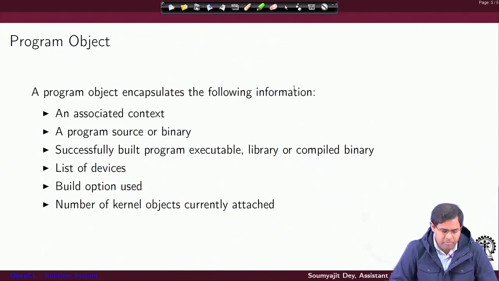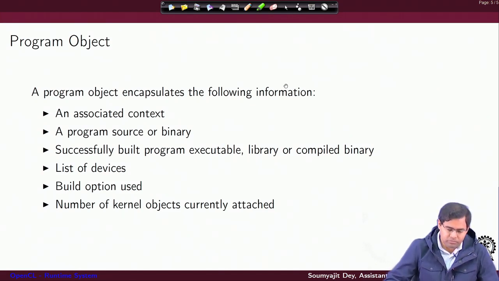It will also have a binary to execute, the successfully built program executable, or a library or a compiled library. And it contains the list of devices on which it can execute. What are the build options for the program object? Right now we are not discussing that too far, you can look at it later on. And what is the number of kernel objects that are attached. You can have multiple such kernel objects for the program object.